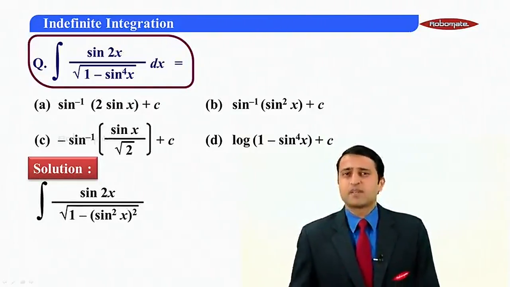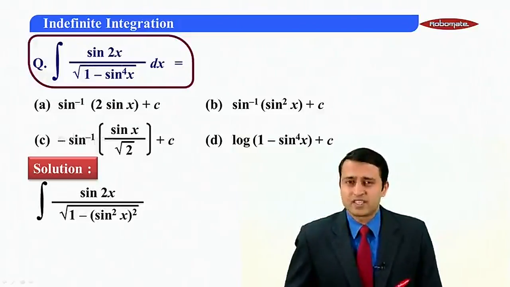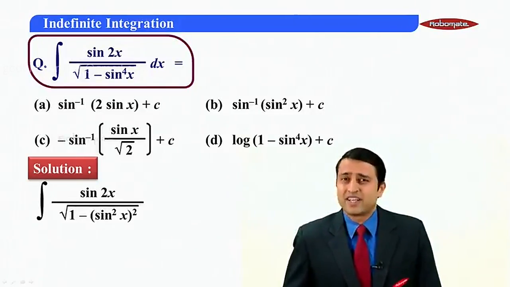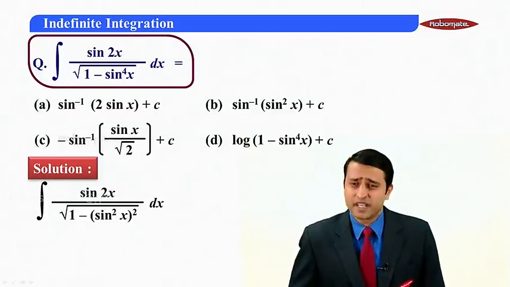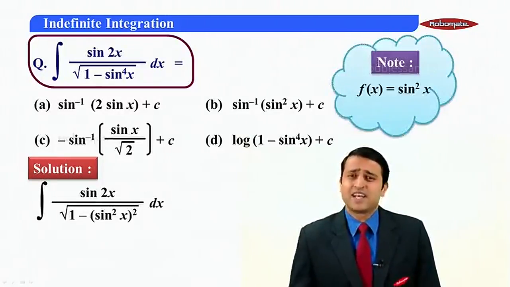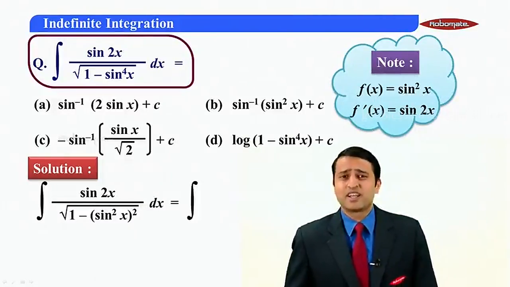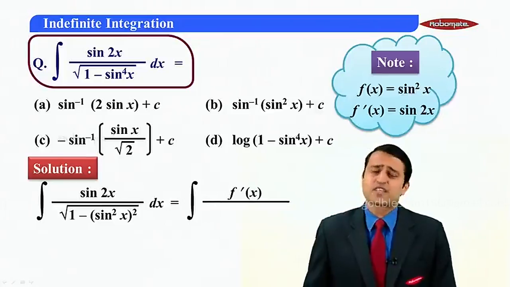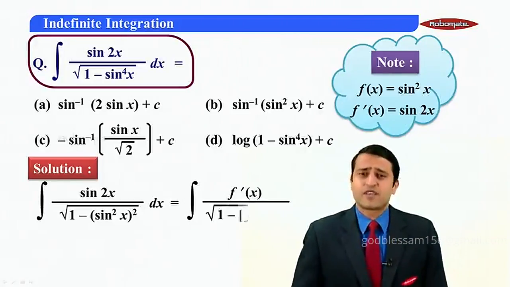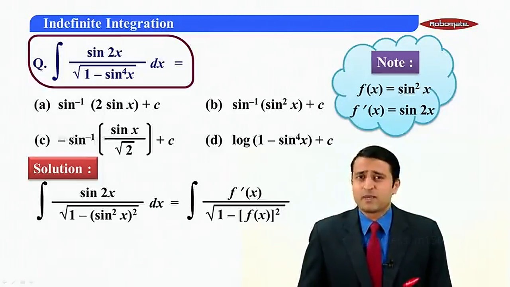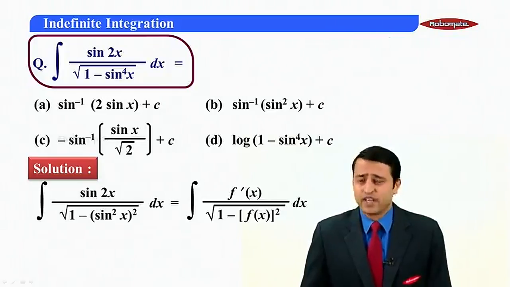Now, the purpose and the reason of writing this is because we know that derivative of sine square x is sine 2x, that we have seen so many times. So, the integral can be written as f dash of x upon root of 1 minus f of x the whole square. Correct?